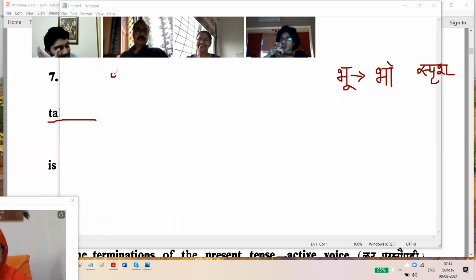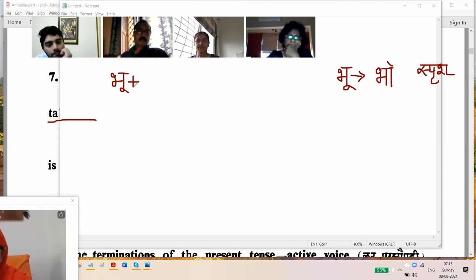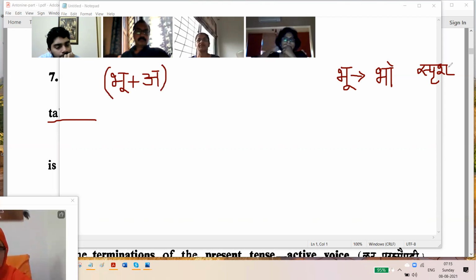So first, bhu. They have not written it, but each and every first conjugation root takes akara as its gana vikarana. It will start like this, and let me take sprush also.